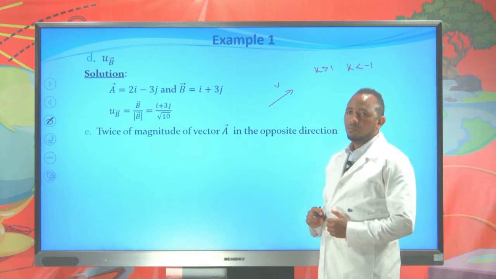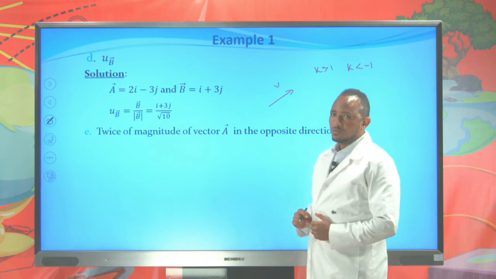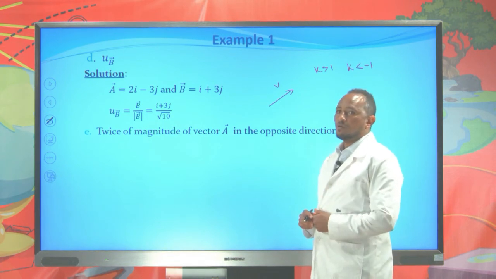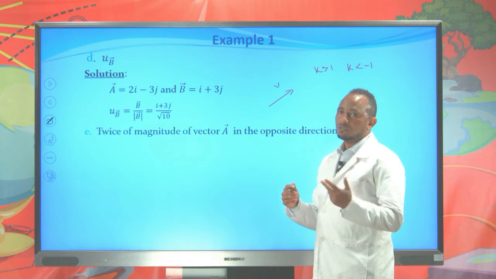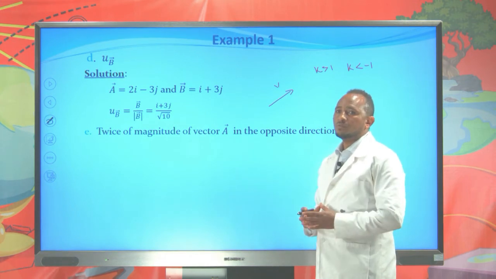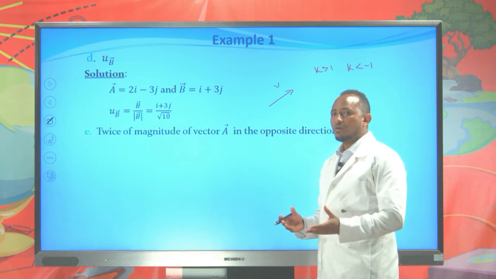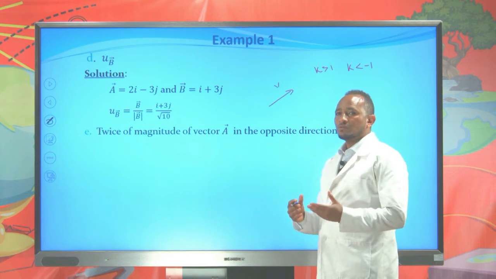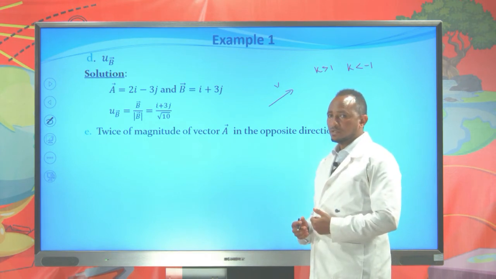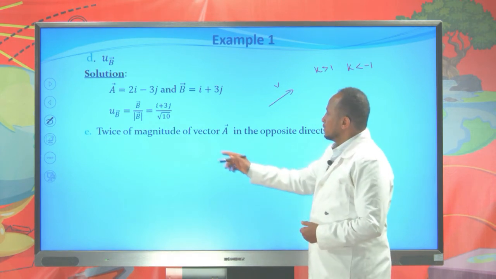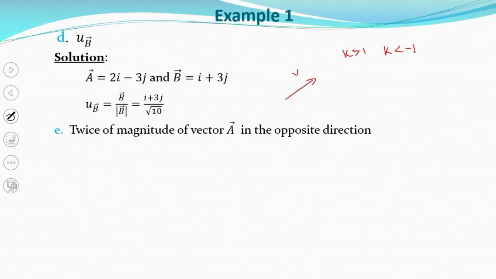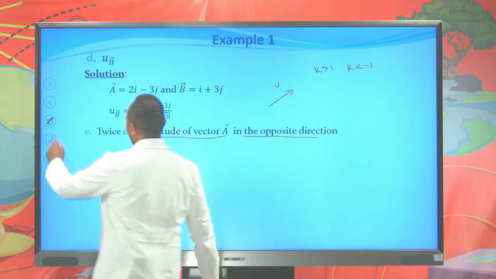If you multiply by a negative number between negative 1 and 0, the size will decrease and it will be in the opposite direction. If you multiply it by 1, the vector stays itself. If you multiply it by negative 1, the magnitude of this vector will be itself but in the opposite direction. So here we are asked to find twice the magnitude of vector a, but in the opposite direction, so you multiply it by negative 2.